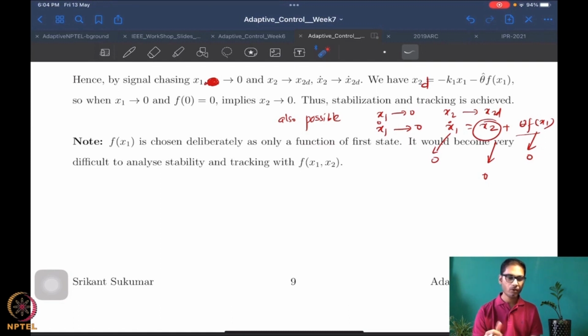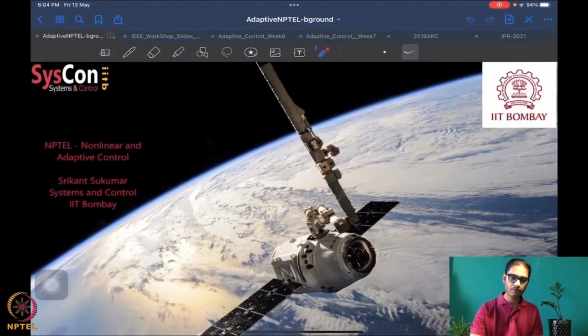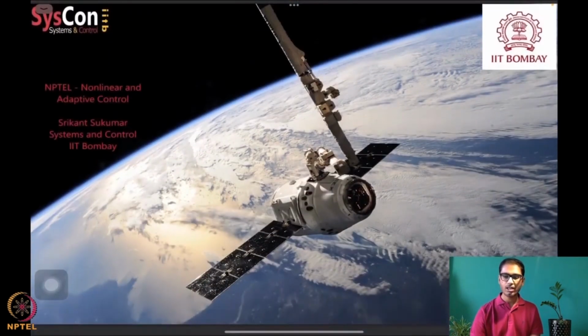All right. Okay, excellent. So what did we see today? We have essentially seen how to complete the stability proof and in fact the adaptive control design for this unmatched parameter case. This of course turned out to be way more involved. We had to do over-parameterization.